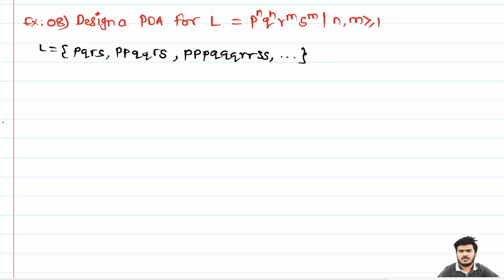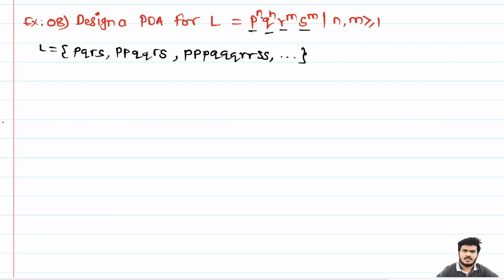Now for this language, we have to build a logic so that by using one stack we can design a PDA. Whatever the number of p's, that number of q's will occur, because the power of both p and q is the same, that is n. Similarly, the number of r's will be equal to the number of s's because both have the same power.